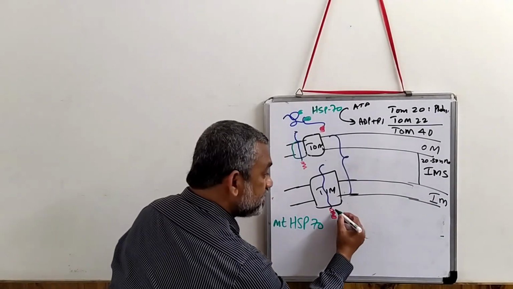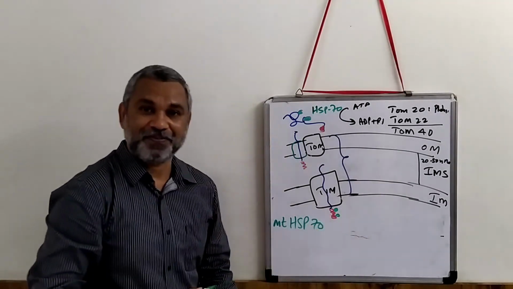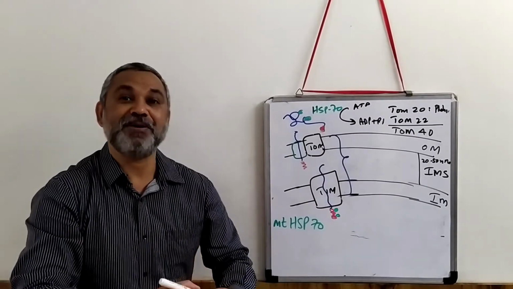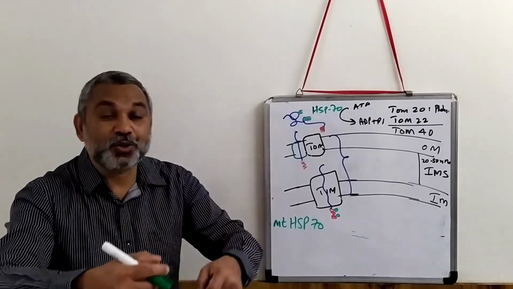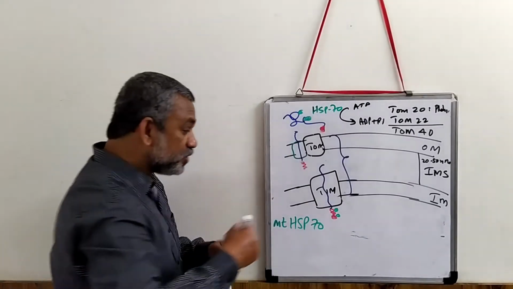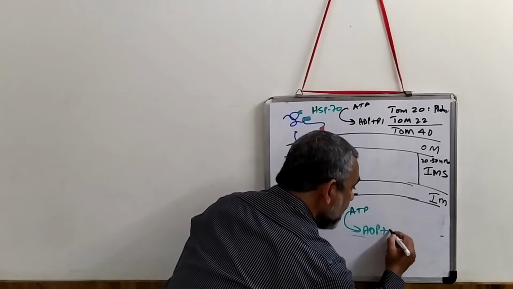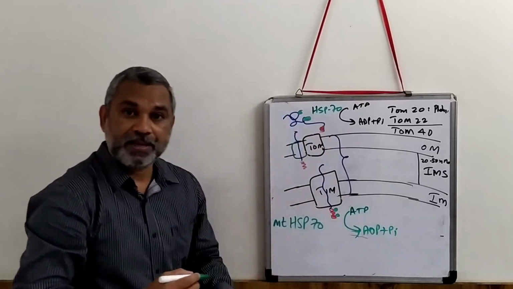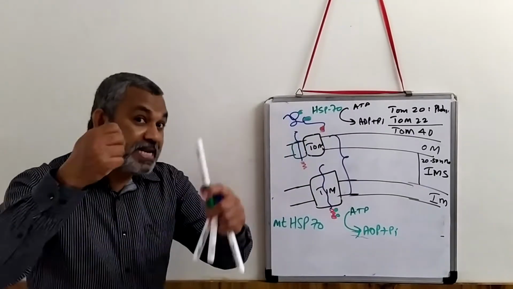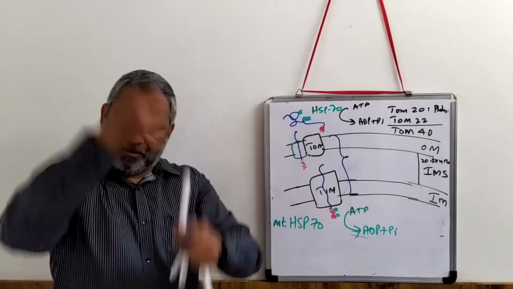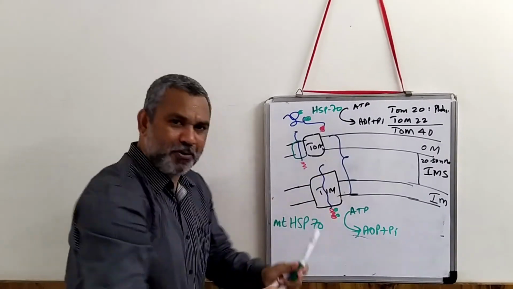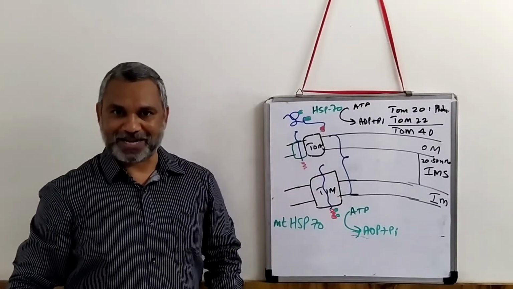The HSP70 will bind on this, and through hydrolysis of ATP molecules, ATP hydrolyzes to ADP and Pi, and that energy is used for pulling this blue protein into the mitochondrial matrix.